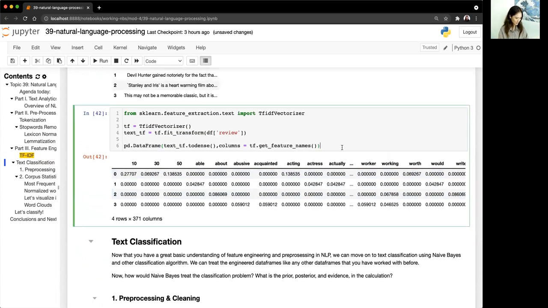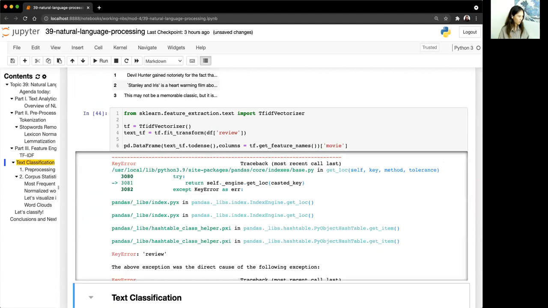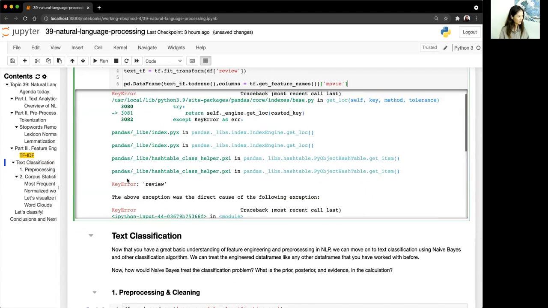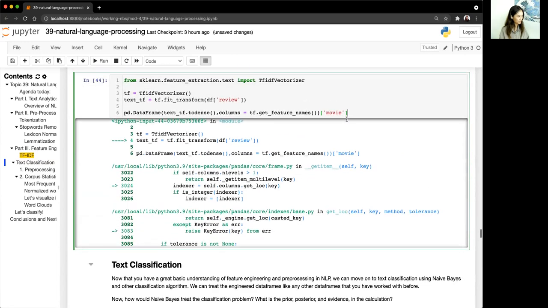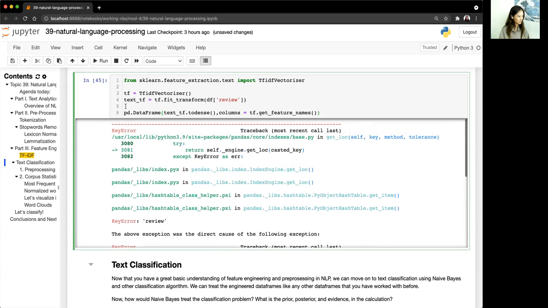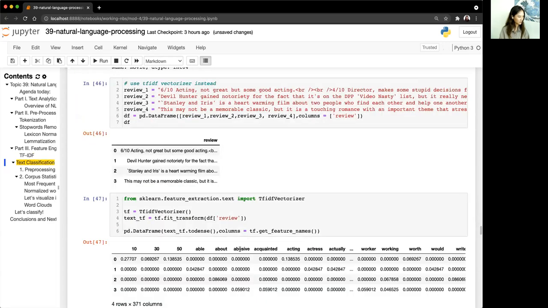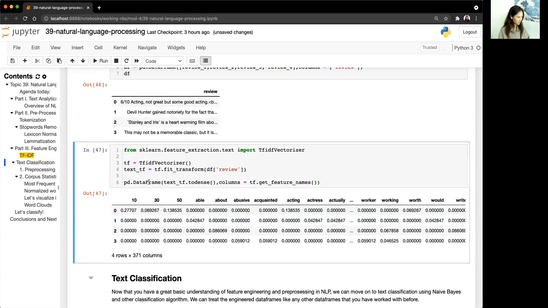So we take a look over here at movie. Oh, I guess the word movie is not in there. Hold on. I think I did something wrong. Basically the value for movie should be higher because it is more unique to that.